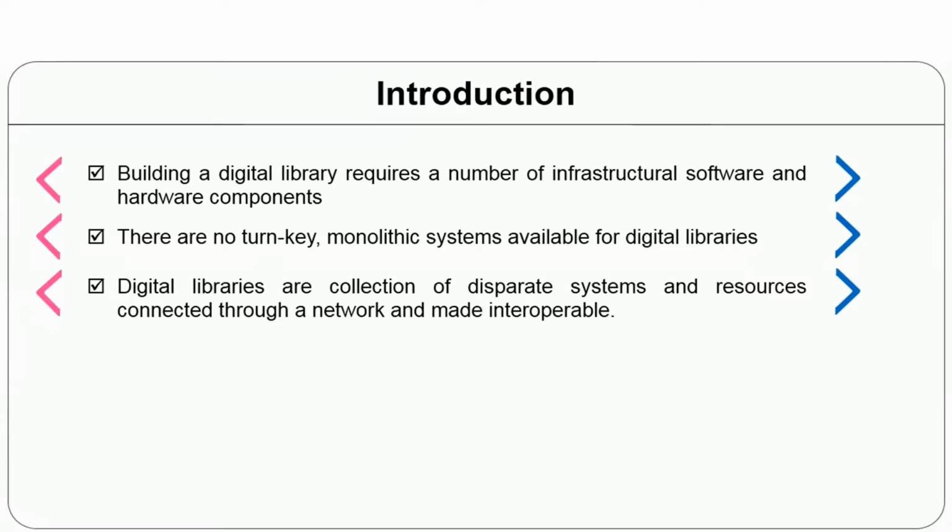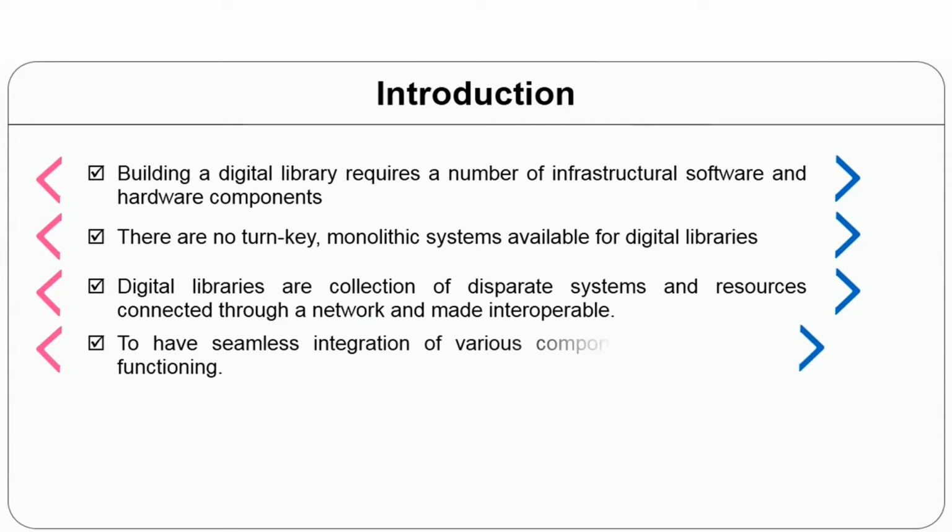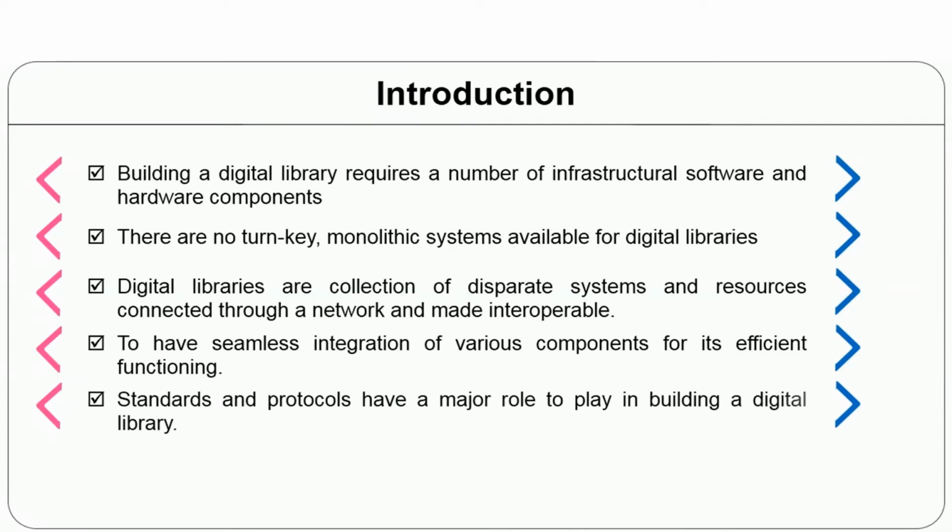So there should be a common understanding. I will talk only the language which is known to him or understandable by him. This applies to technology also. That is how to have seamless integration of various components, and for its effective functioning, we need some standards. Standards and protocol have a major role to play in building digital libraries.